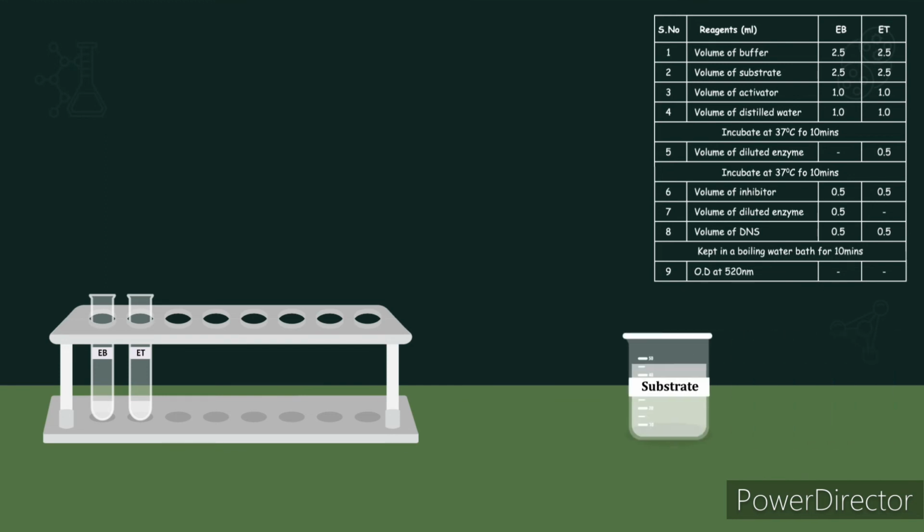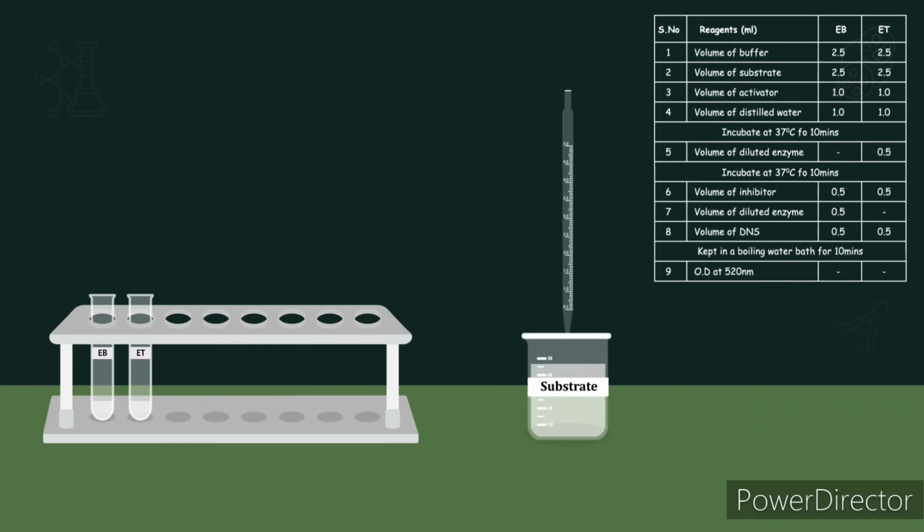Now the inhibitor is added, diluted enzyme is added, followed by the coloring reagent, the DNS. So this mixture is kept in a boiling water bath for 10 minutes.